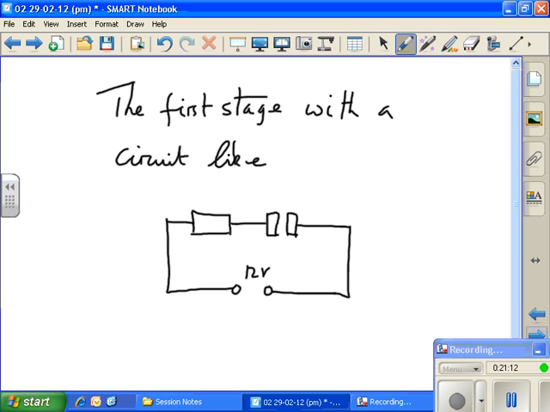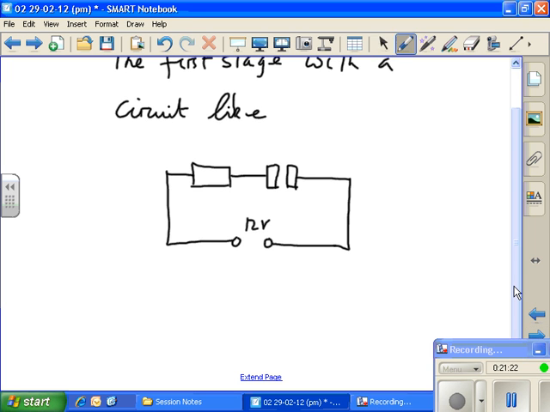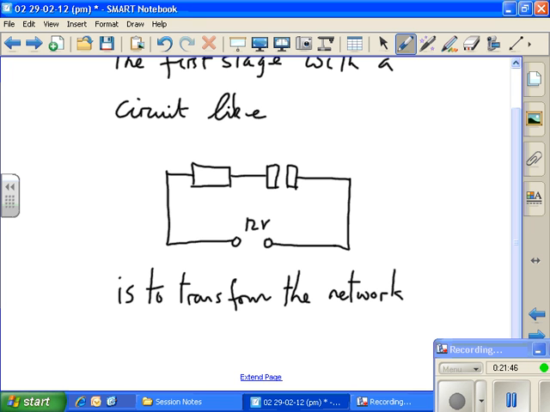So the first stage with a circuit like this is to transform the network, and by that I mean the combination of resistors and capacitors, resistors, inductors into S-space, or using the Laplace transform.